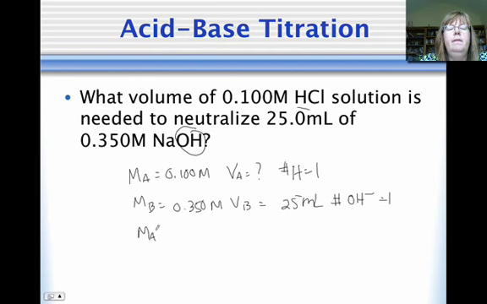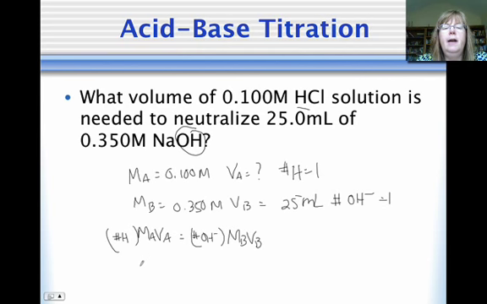MaVa, remembering the number of hydrogens out front, which is just a 1 in this case, is equal to the number of hydroxide ions times the molarity of our base times the volume of our base. Well, molarity of our acid is 0.1 molar. Number of hydrogens, a 1. Our volume of our acid is what we're solving for. Our number of hydroxide ions is a 1.